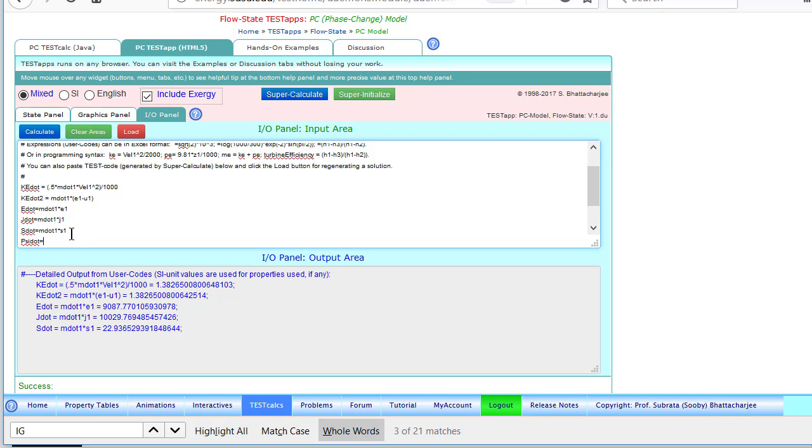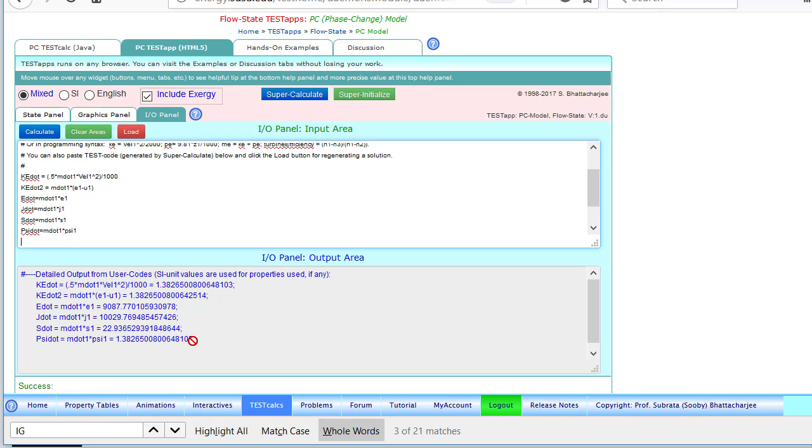Psi dot is going to be m dot 1 times psi 1. And there you go, you get all your answers all in kilowatts.